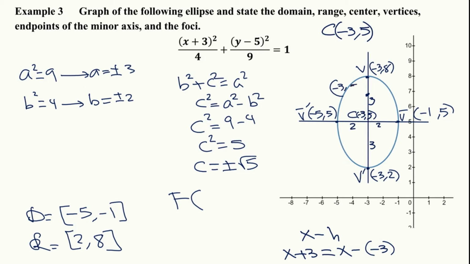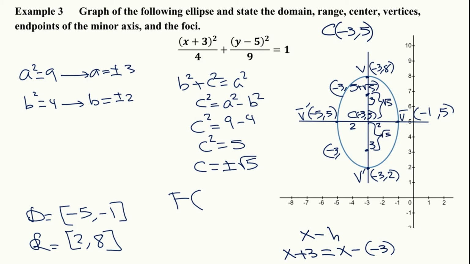So 5 plus radical 5. For the one down here, again, we know it's going to be at the same x value as the center. And the y value this time is going to be 5 minus radical 5. Because remember, this piece and this piece we have found both have length radical 5.